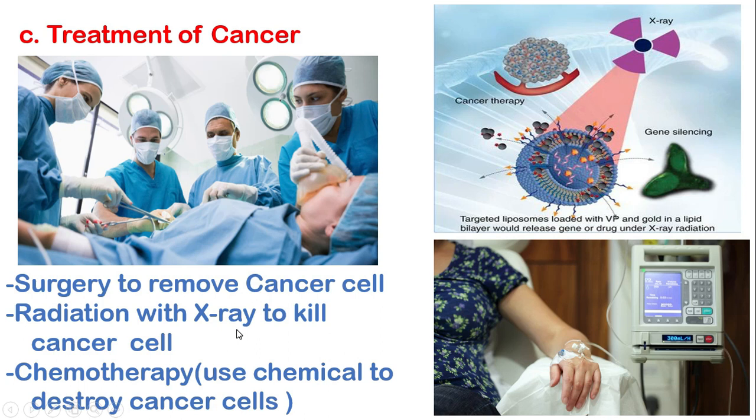And another way is what we call chemotherapy. Chemotherapy is the way that we use chemicals to destroy cancer cells. Once the cancer cells are destroyed, they cannot affect your body. So in this way we use chemicals.